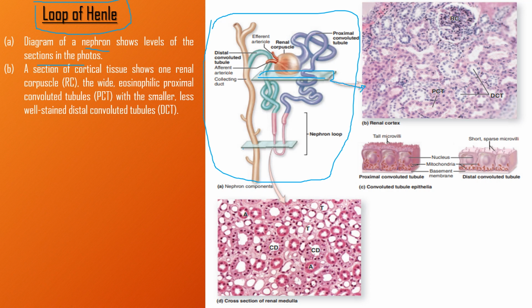So we see it. We take a section of cortical tissue showing renal corpuscles. This is the renal corpuscle.